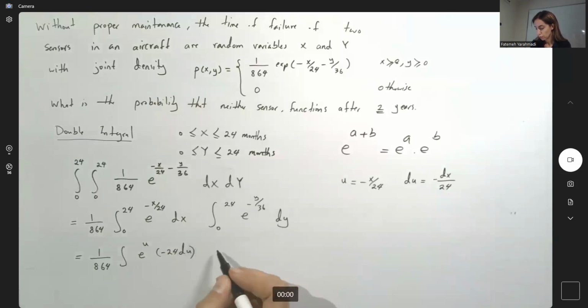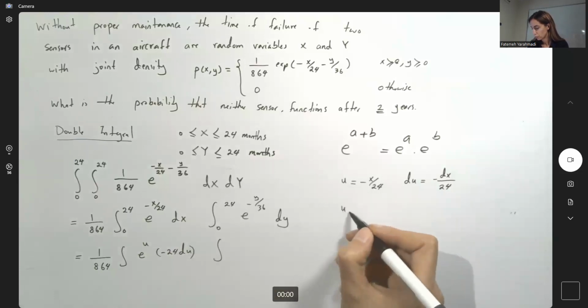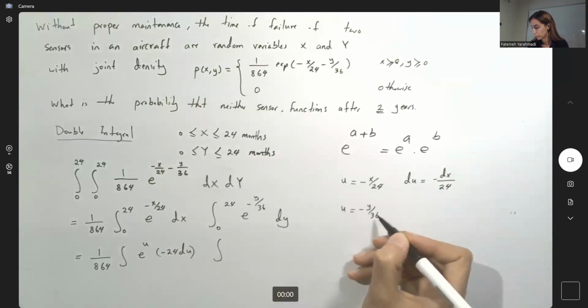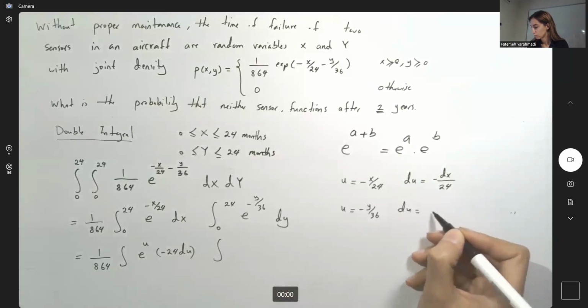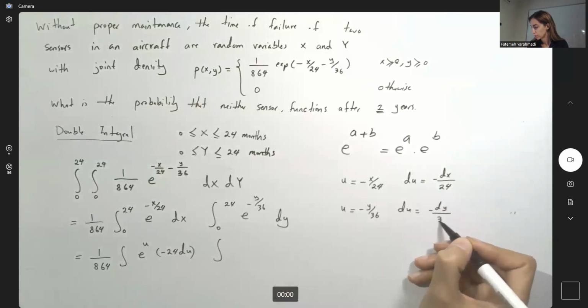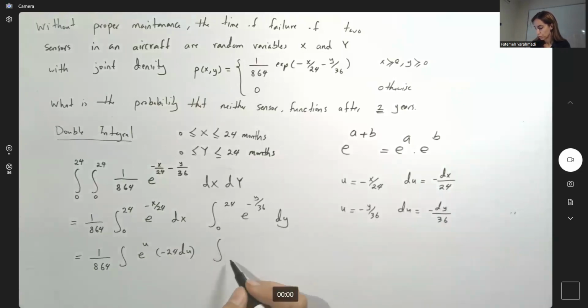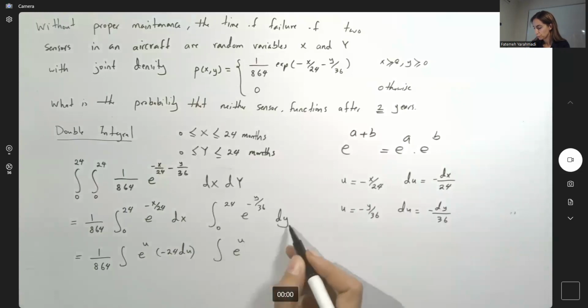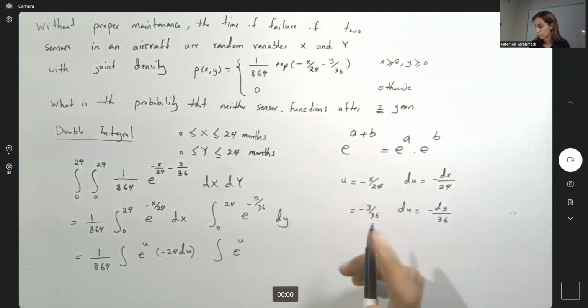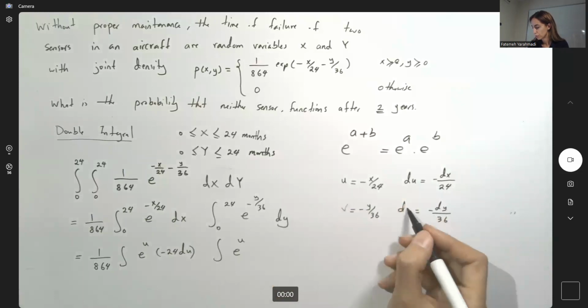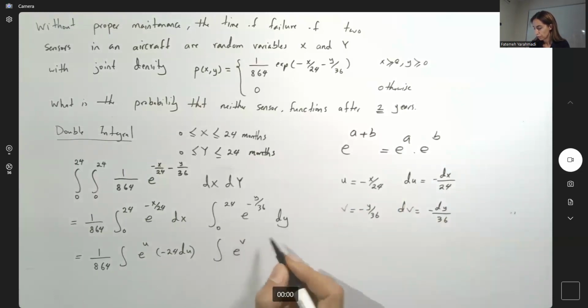And for this one, you have the integral, u is negative y divided by 36, and du is equal to negative dy divided by 36. So this becomes the integral e to u, or you could call it, for example, v to avoid any confusion, e to v, and dy is negative 36 dv.